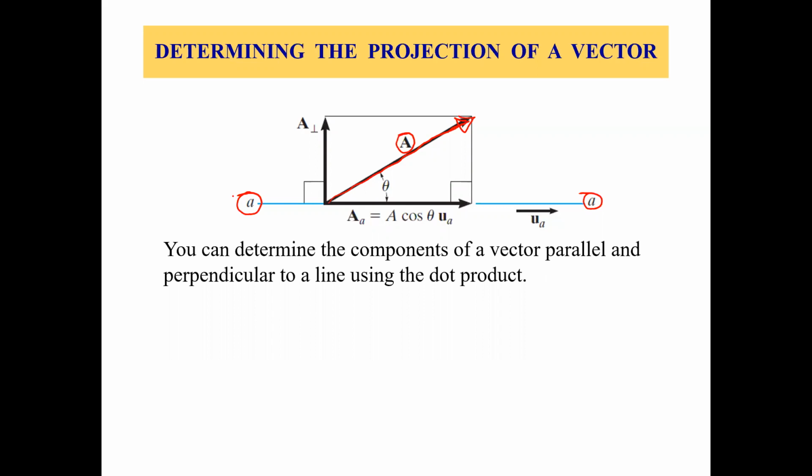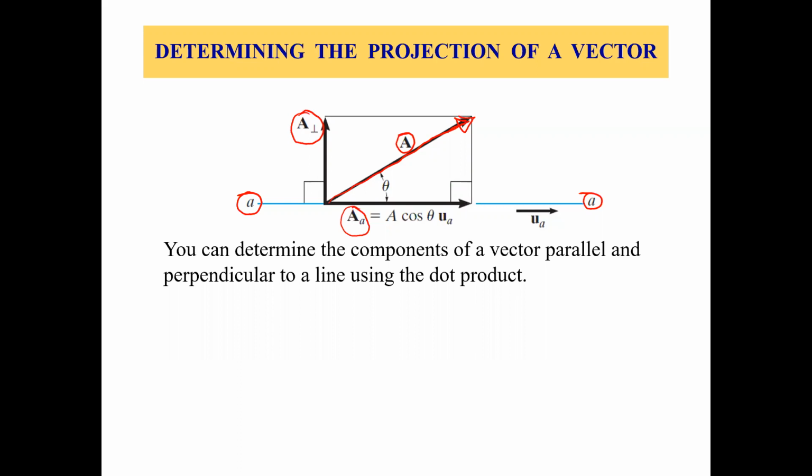You can determine the components of a vector parallel and perpendicular to a line using the dot product. Okay, so the projection of this vector A parallel to line aa will be A sub a. Right? And perpendicular to this line will be shown like this, A perpendicular.